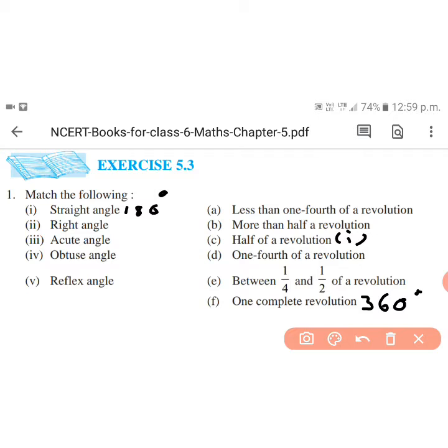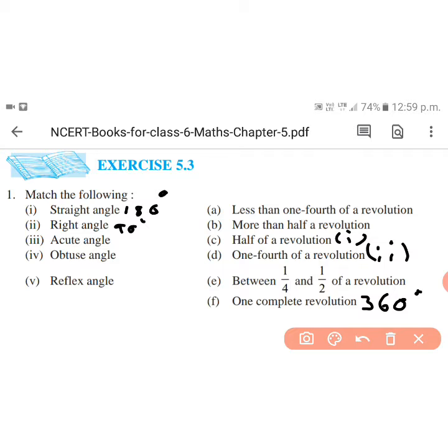Number 2. Right angle. Right angle is 90 degree. 90 degree is 1 by 4 revolution. So 1/4 of a revolution. Right angle is 1/4 of a revolution.